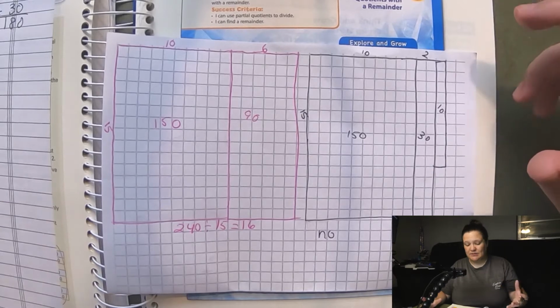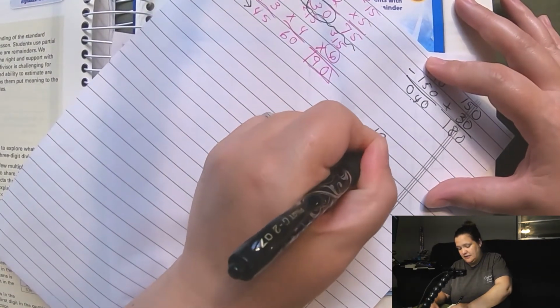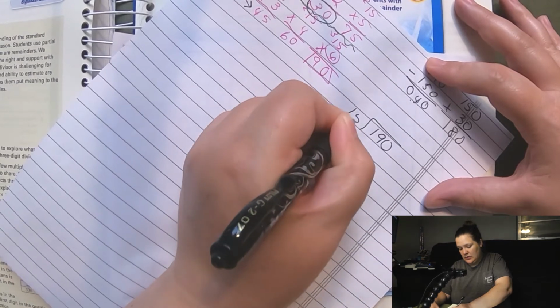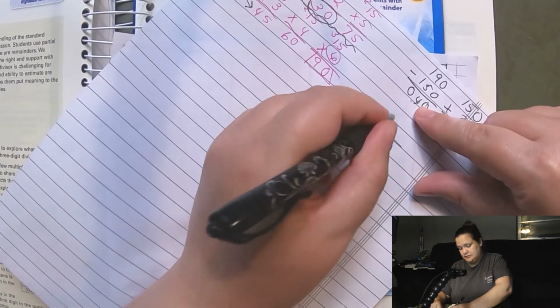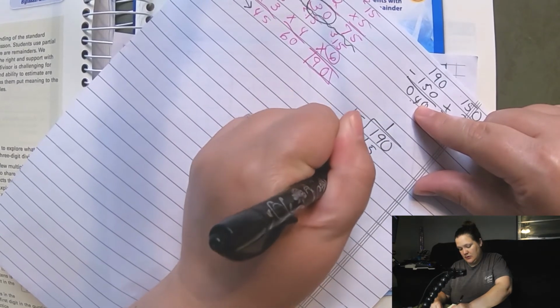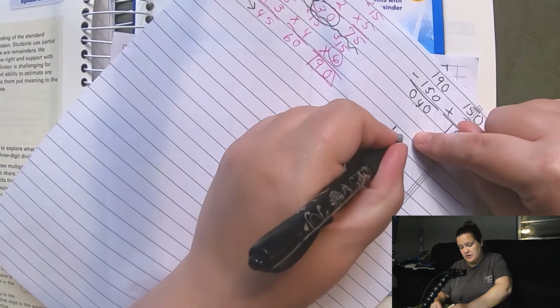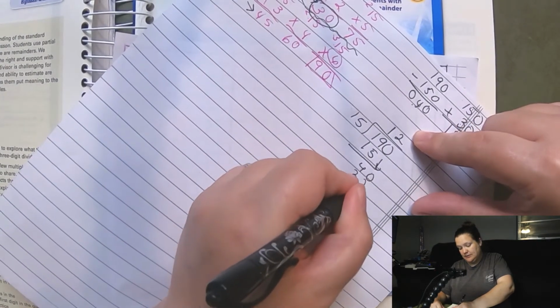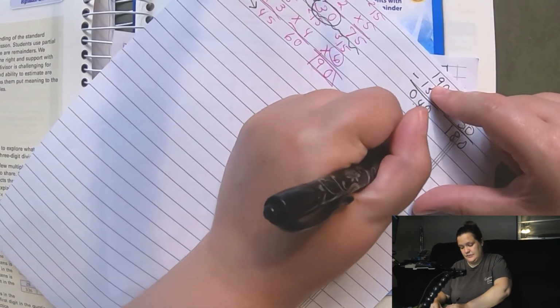If you were to just simply divide 190 divided by 15, 15 can go into 19 once. Bring down our 4. We did that, right? 15 can go into 40 2 times without going over. We have 10 left over.